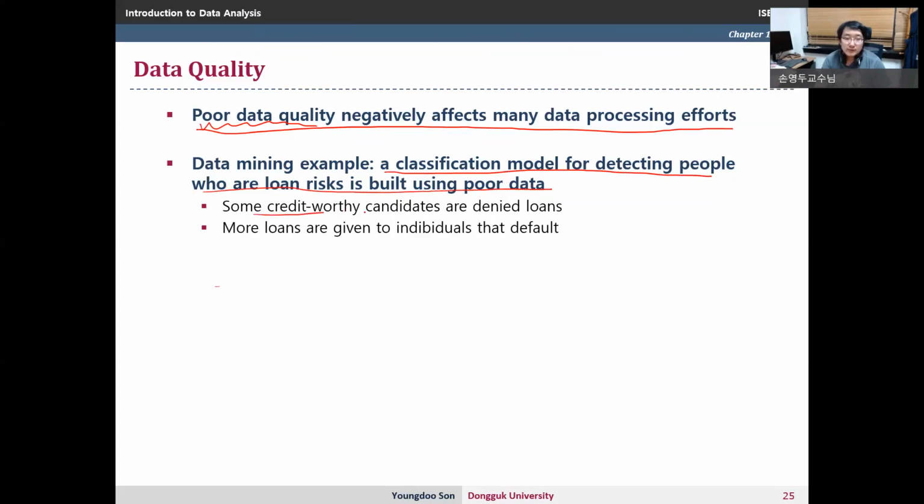So some creditworthy candidates can be denied loans, or more loans are given to the individuals that may default or with high default risk. So if the data quality is poor, this kind of system cannot work in an appropriate manner.